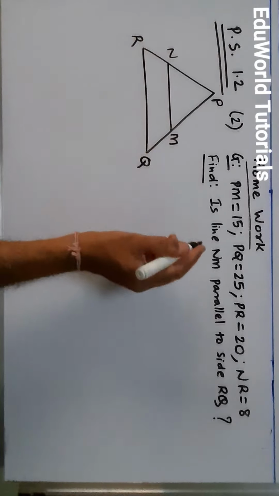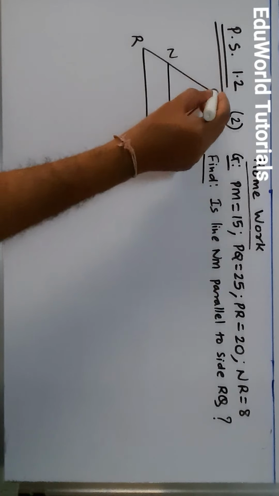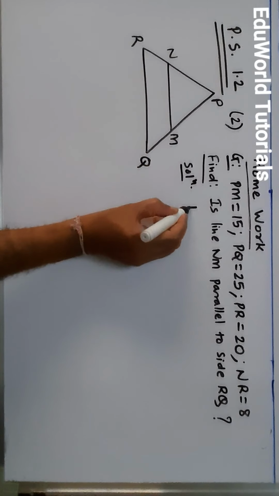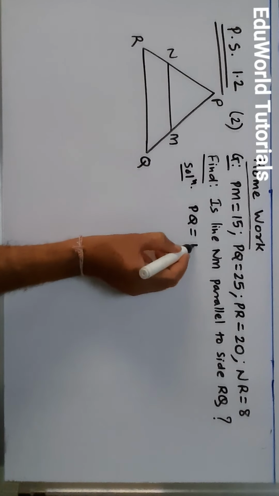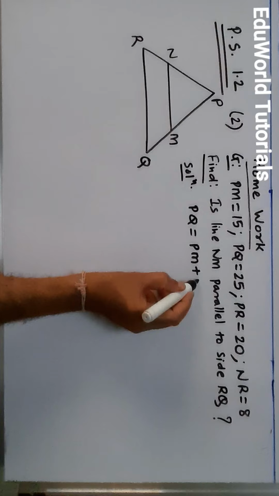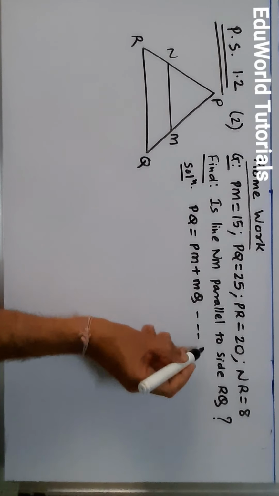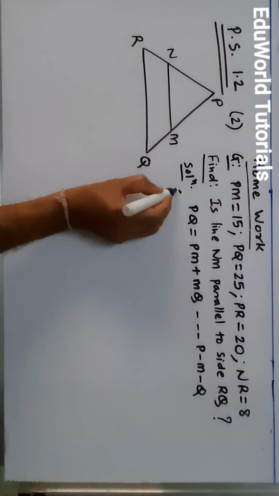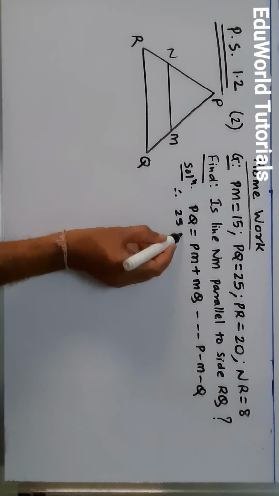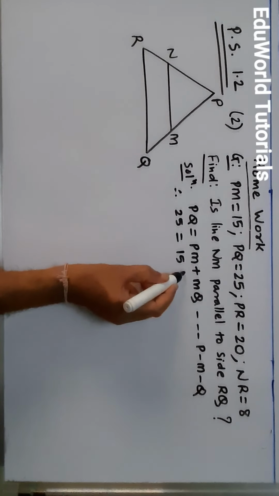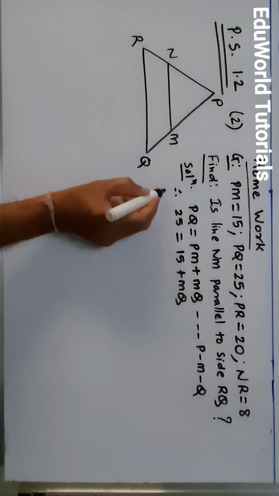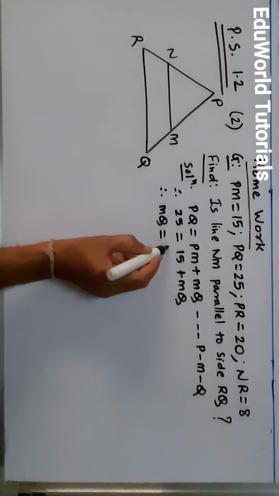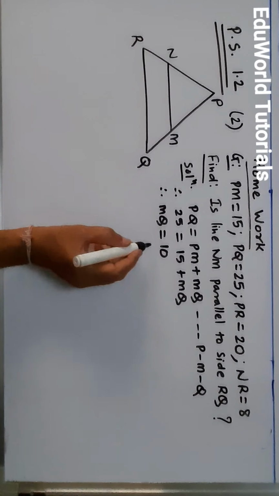So let us find out. Now we are given side PQ entirely. So what we would write in the solution? In the solution we write PQ is equal to PM plus MQ because P-M-Q are collinear. Now PQ is 25, PM is 15, MQ we can get. How much is MQ? MQ is 25 minus 15, that is equal to 10.